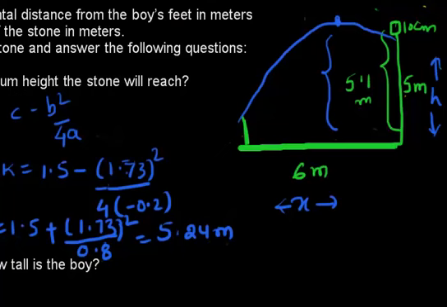Now if we go to the next part of the question, approximately how tall is the boy? The height of the boy is the starting point of this parabola. It is at the instant when the time is 0.